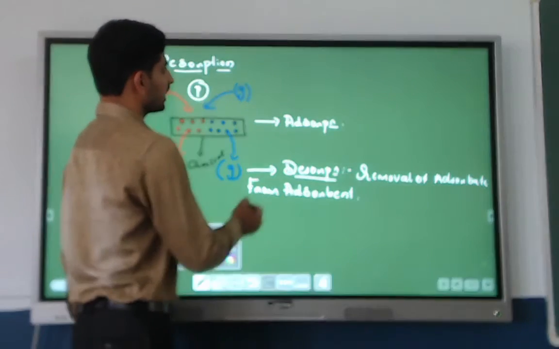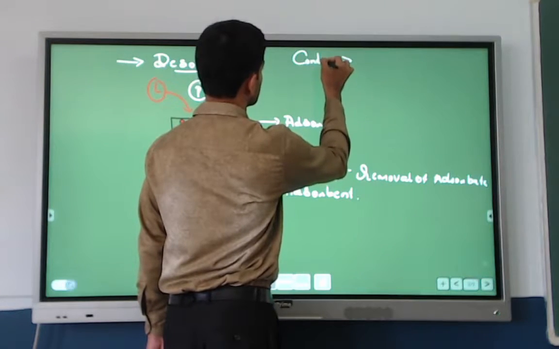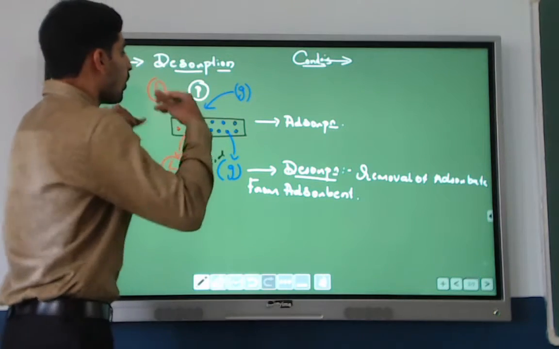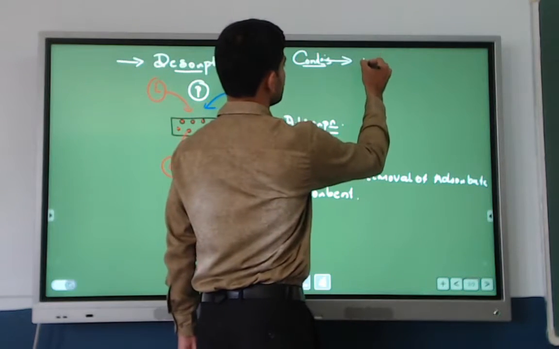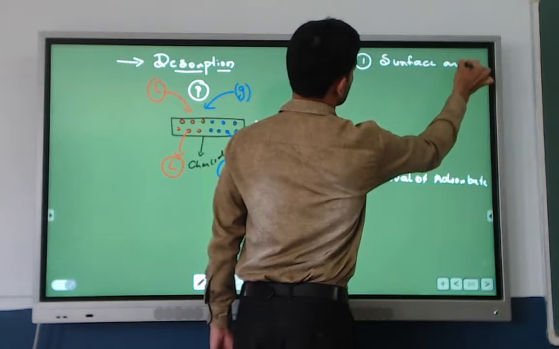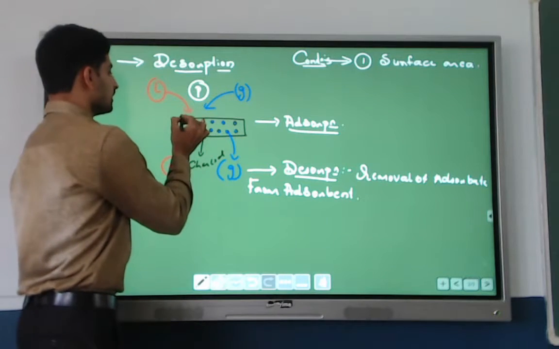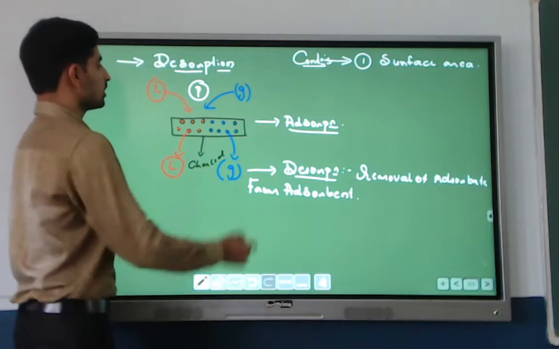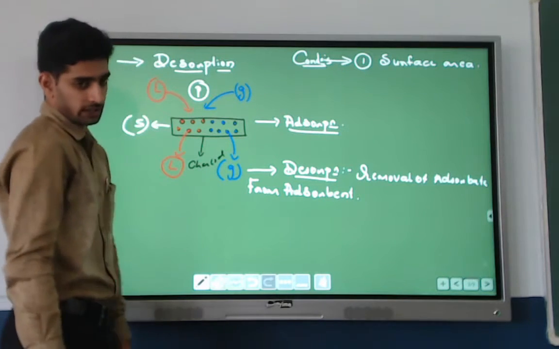Now, some important conditions you need to remember right here: the conditions on which adsorption depends. The first condition is surface area. As I already explained, due to the presence of free valencies or empty space on the surface, gas or liquid molecules accumulate on the surface of the solid.